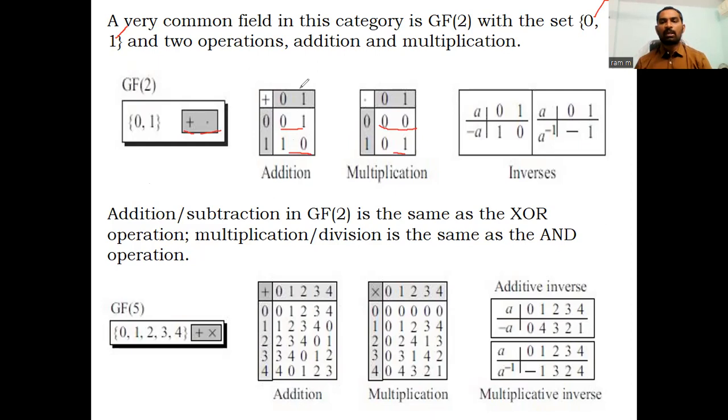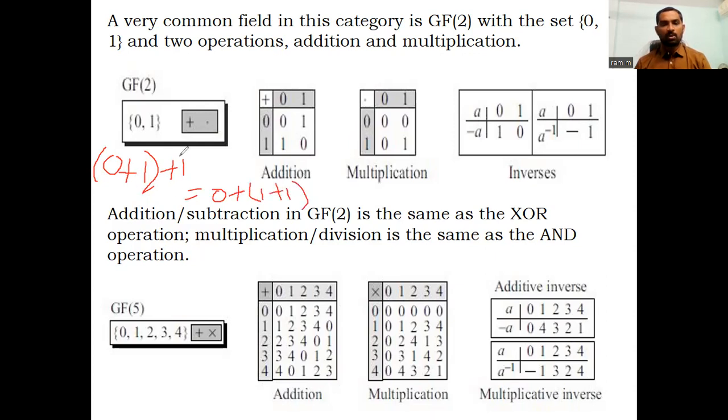What is the second property I need to satisfy for both operations? That is associativity. Let us check whether the associative property is satisfied or not. So (0 plus 1) plus 1 should be equal to 0 plus (1 plus 1).